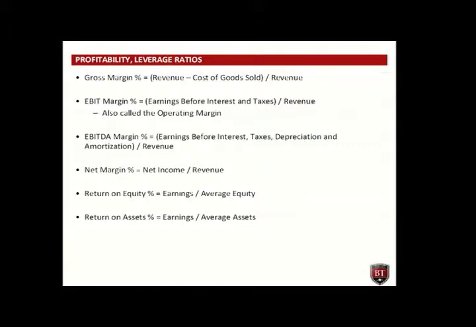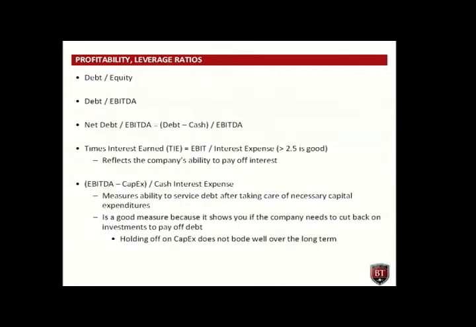The net margin is the net income divided by revenue as a percentage. All of these are as a percentage. Return on equity is your earnings divided by the average equity that you've held in the period. Return on assets, likewise, is a percentage of the earnings divided by the average assets through that period.